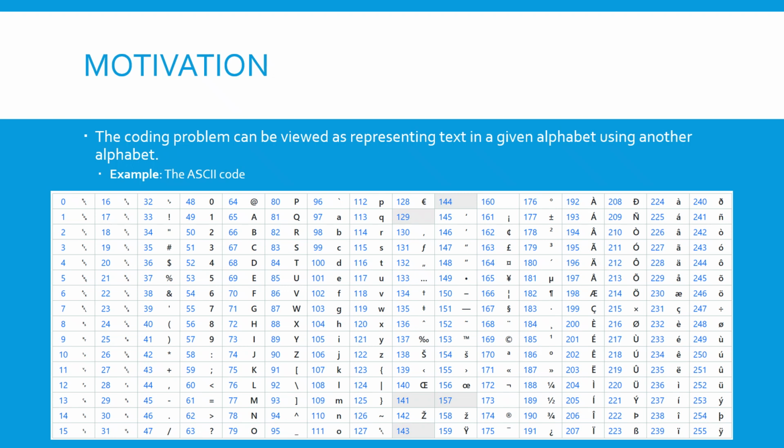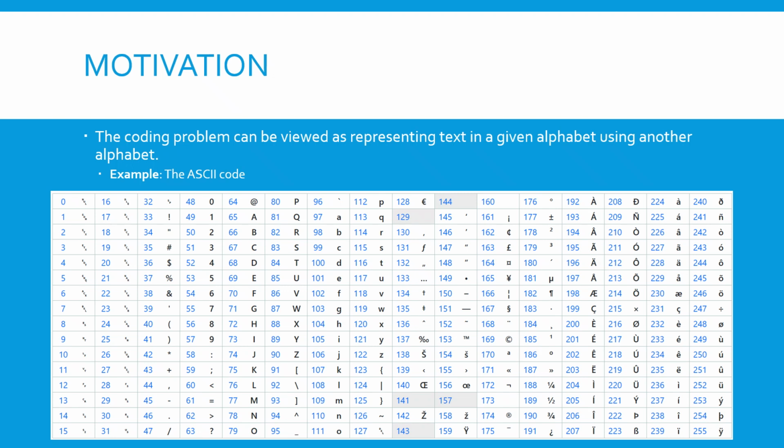First, we introduce the concept of a coding problem. Coding is a process of representing text from one alphabet using symbols from another alphabet. In modern computer systems, characters are typically represented using ASCII.